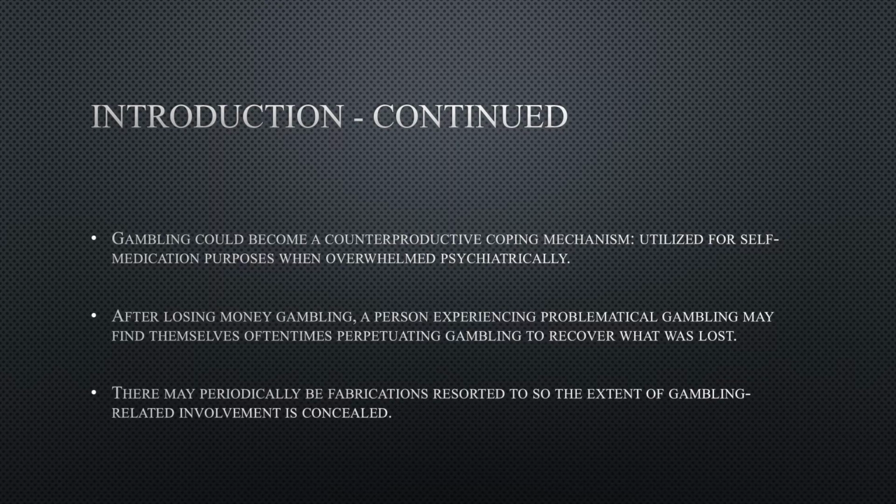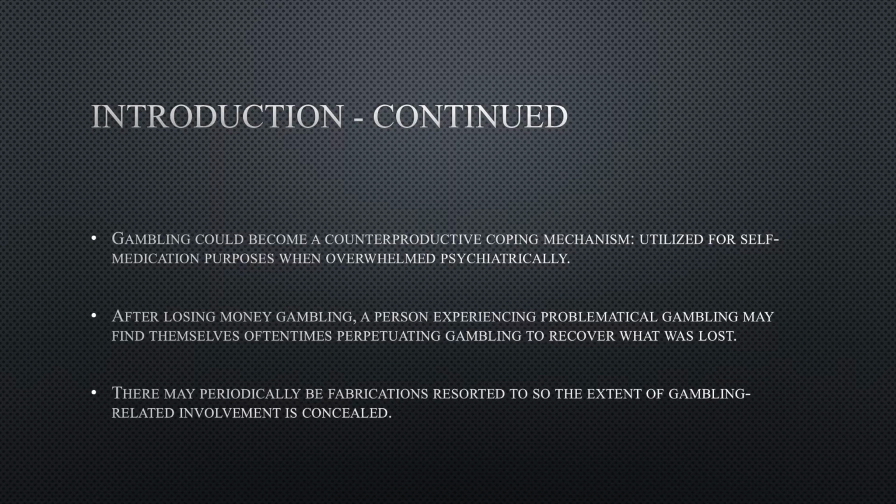And there may periodically be fabrications resorted to. So the extent of gambling related involvement is concealed. What we're talking about here is someone ultimately, unfortunately, lying to their loved ones, lying to their coworkers, lying to a supervisor.